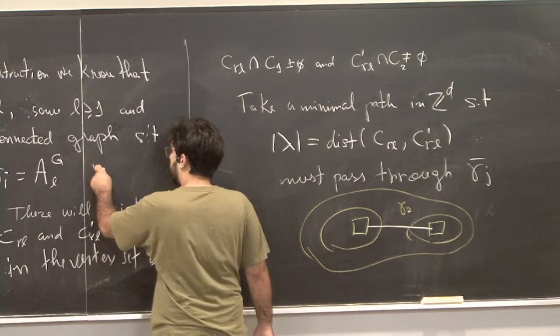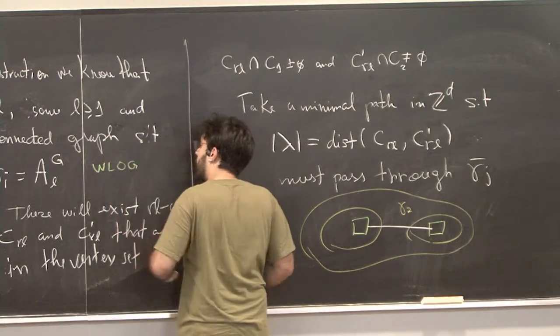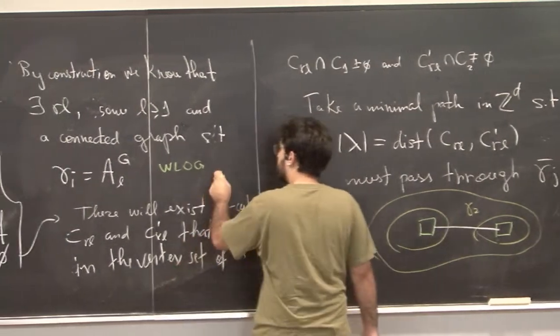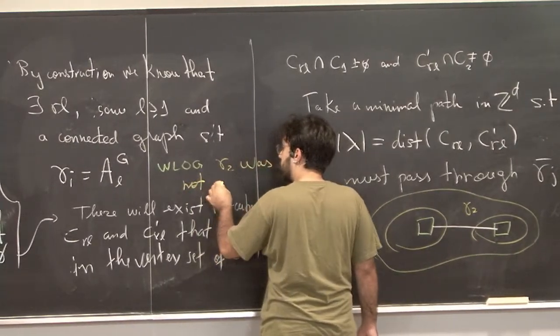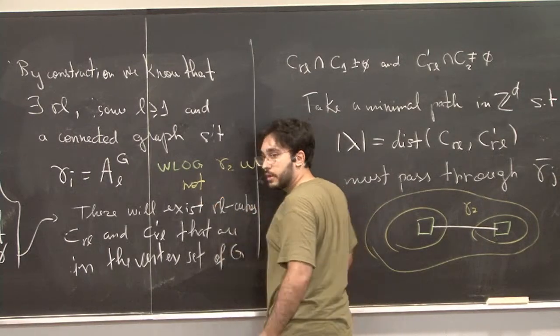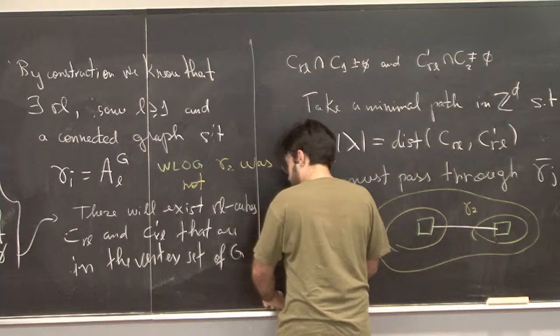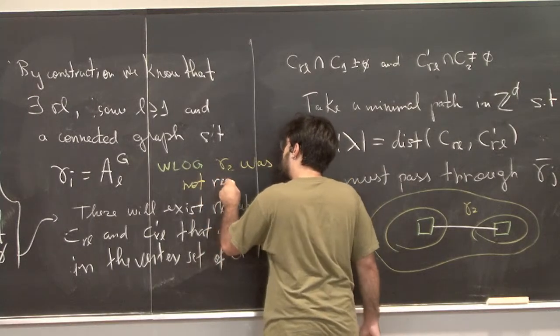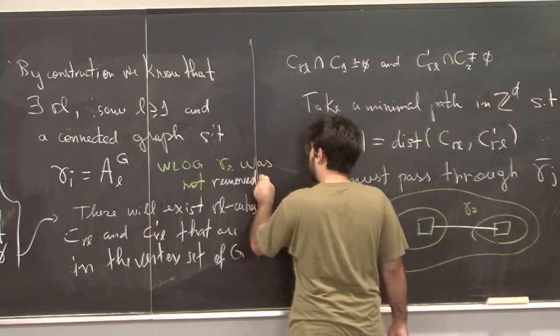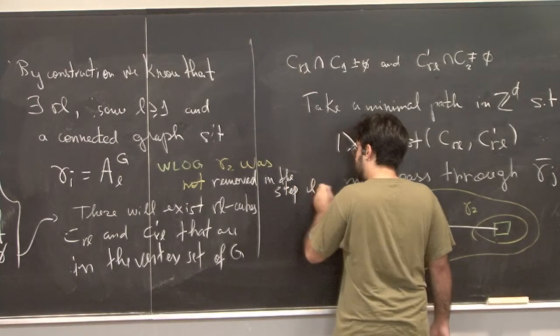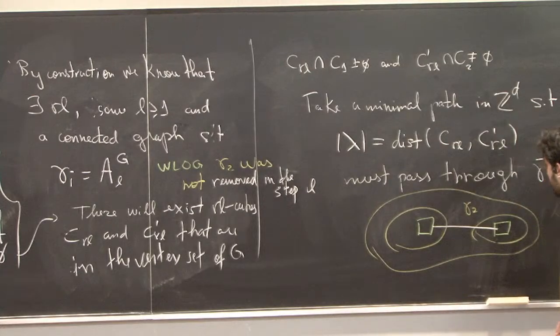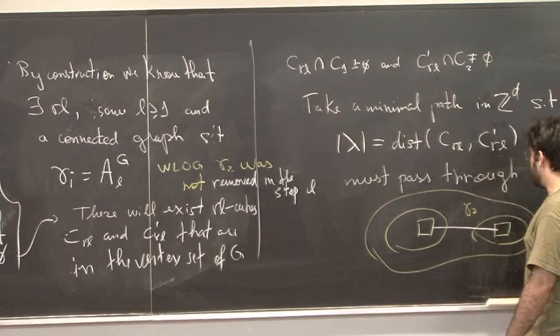Without loss of generality, I can assume that gamma J was not removed in the step L. Because if it was, then you change both of them, and then I am in the situation again.